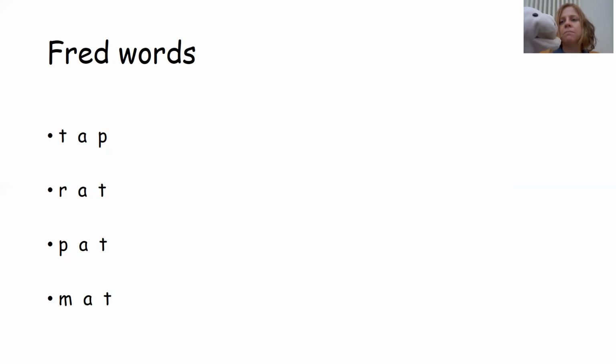I think I know this one, Mrs. Wilson. T, a, p. Tap. You're right, Piggy. Did you get that at home? T, a, p. Tap. And the a is in the middle of the word. Well done, Piggy. Now, let's try the next one.